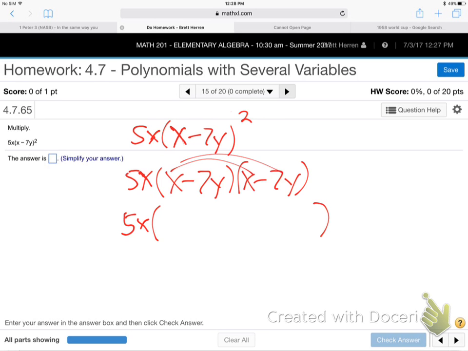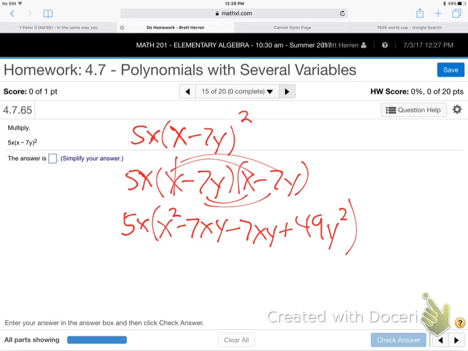Okay, so the x is going to go to both. X squared minus 7xy. He's done. And then this guy goes to both. Minus 7xy plus, what is it back there? 49y squared. Is that good so far?